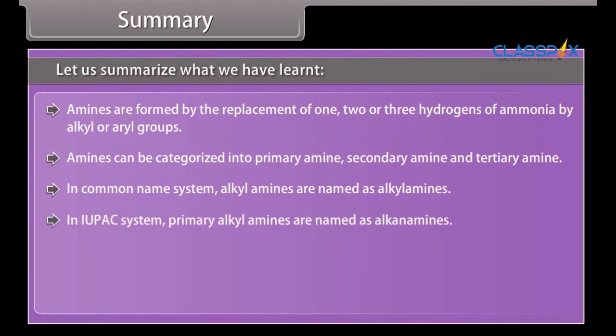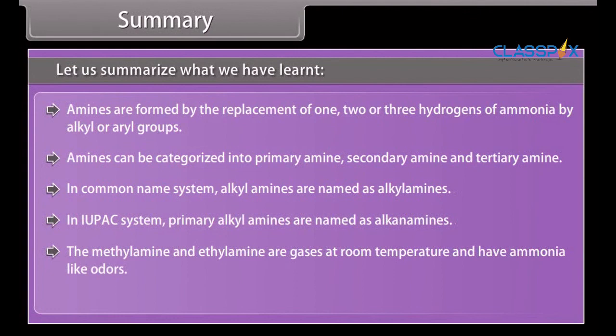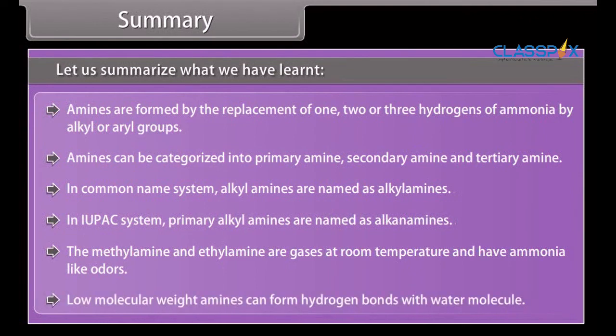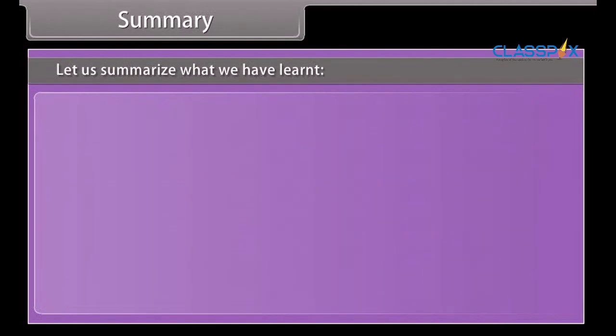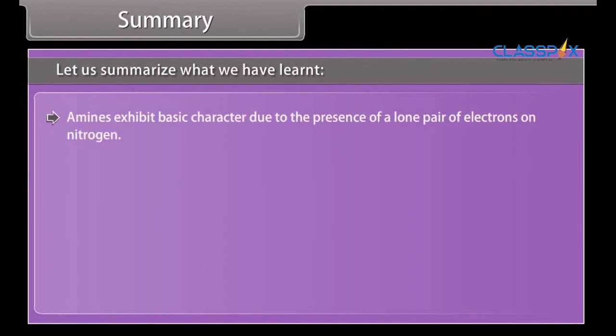In IUPAC system, primary alkyl amines are named as alkanamines. Methylamine and ethylamine are gases at room temperature and have ammonia-like odors. Low molecular weight amines can form hydrogen bonds with water molecules. Amines exhibit basic character due to the presence of a lone pair of electrons on nitrogen.